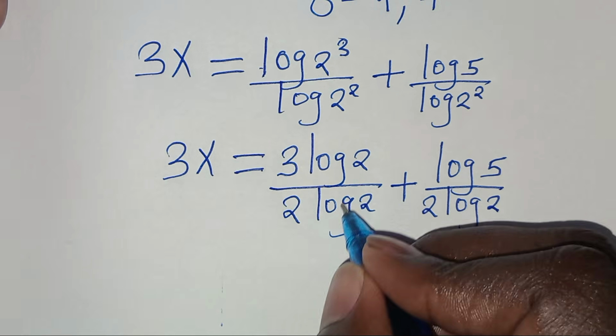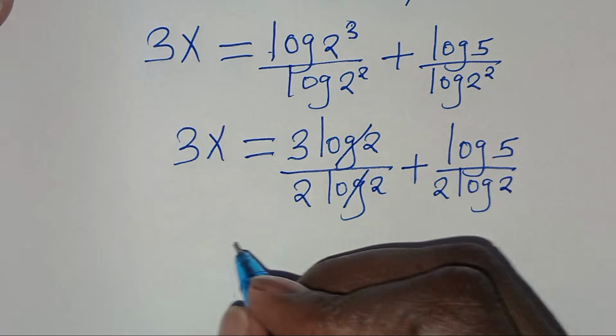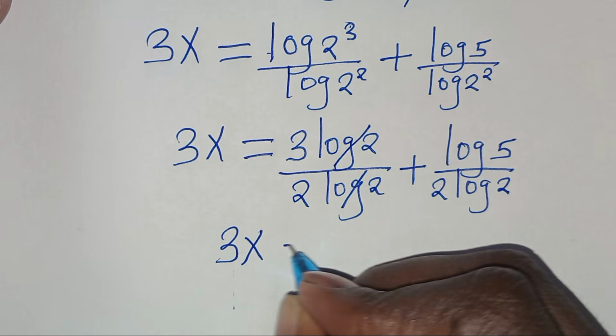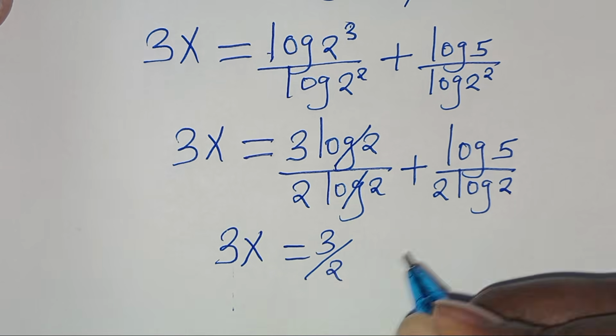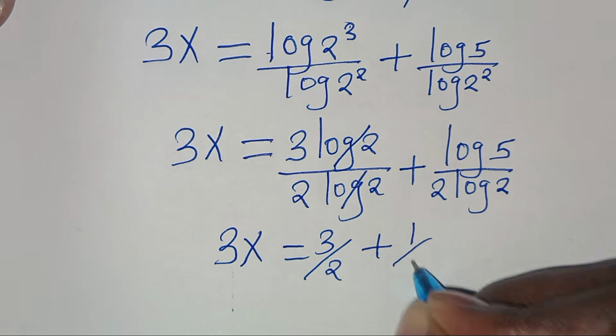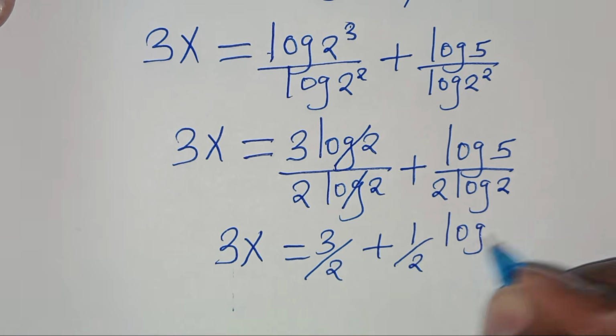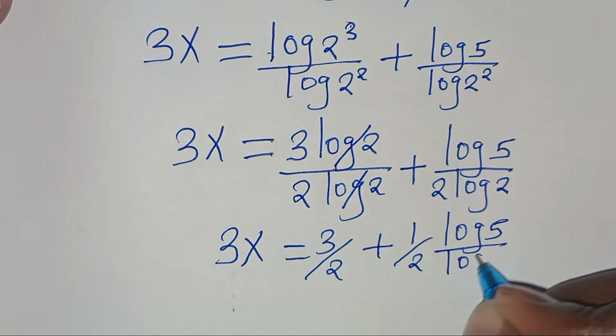Now the next step is to simplify log 2 and log 2 here, so that we have 3x equal to 3 over 2 plus 1 over 2 times log 5 divided by log 2.